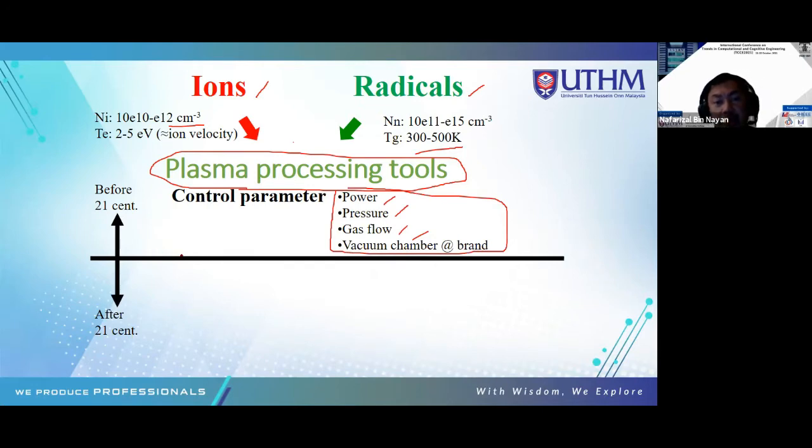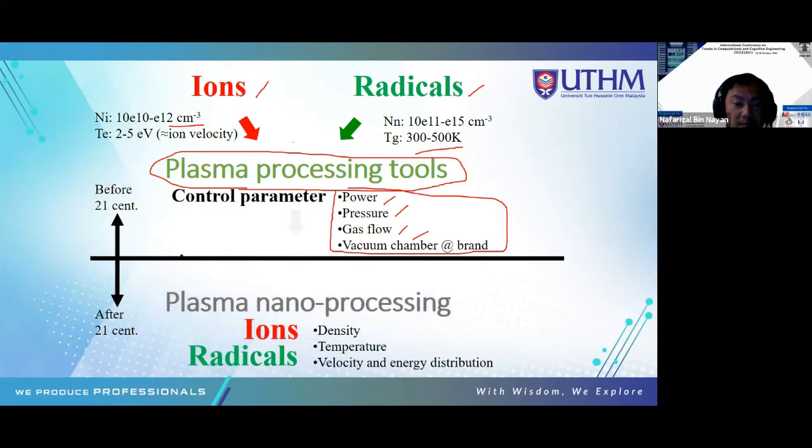In the future, we want to make sure that we can control the plasma in much more detail. For example, we call it plasma nanoprocessing, where we can control the density of the atoms inside the plasma. We want to control the temperature of the atom, the ion or the electron inside the plasma.